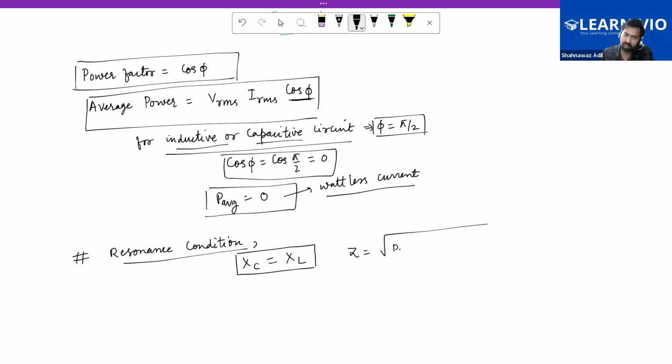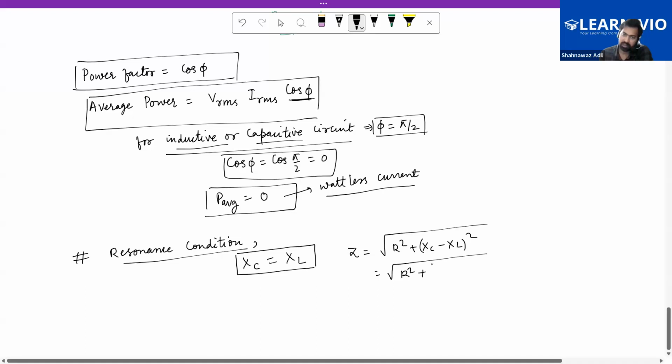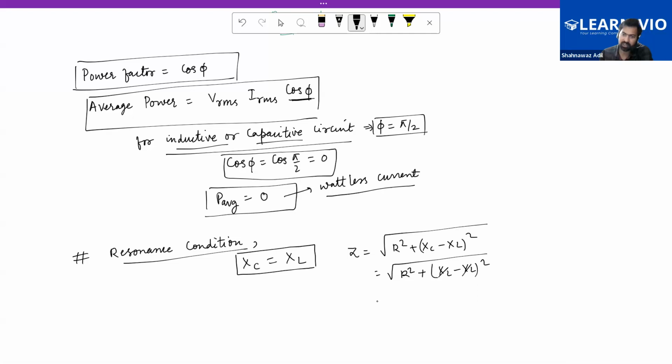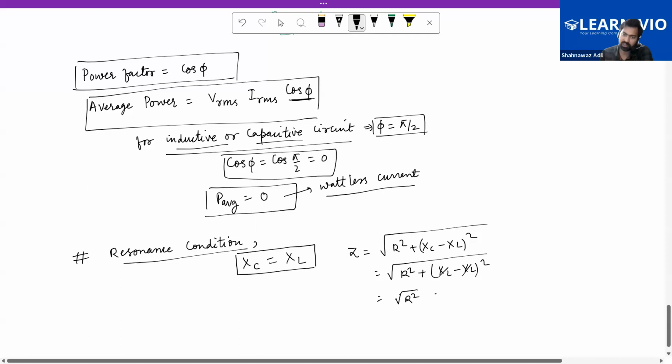Impedance is root of R square plus (Xc minus XL) whole square. So Xc is equal to XL, so this is (XL minus XL) whole square. This will cancel, and you will have only root of R square, which is R. So for the case of resonance condition, the impedance would be minimum.